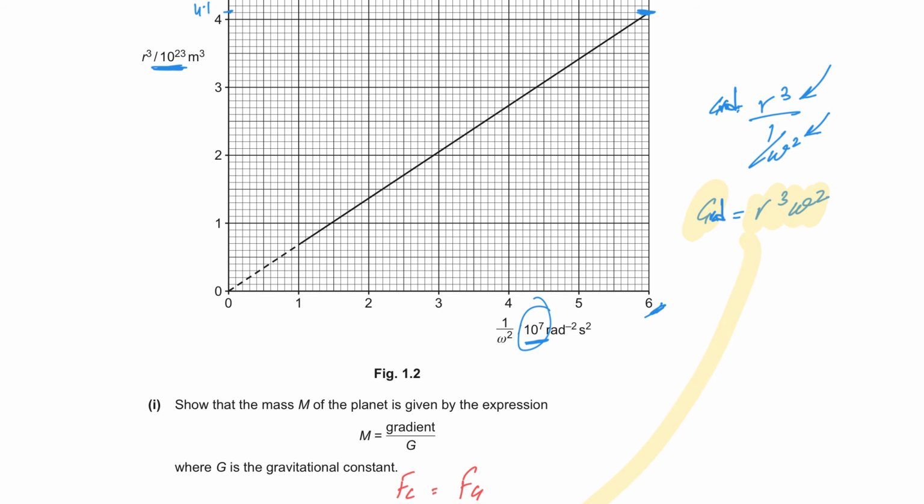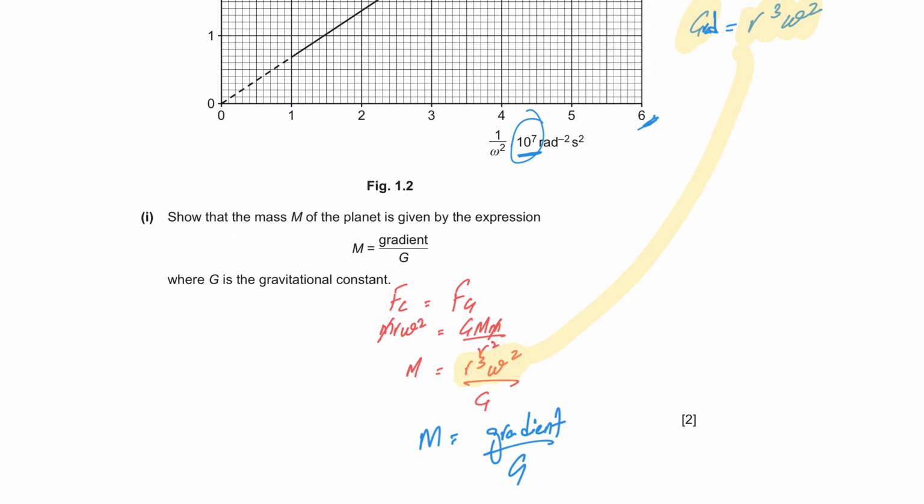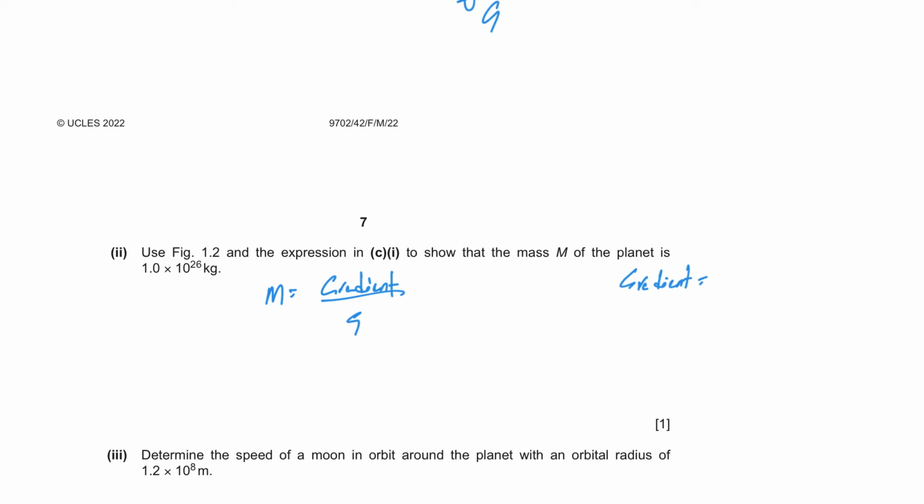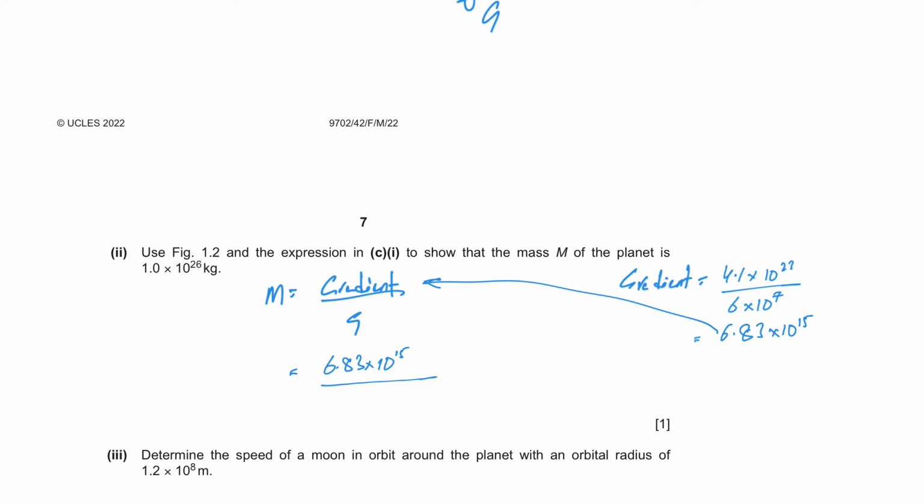So 4.1 into 10 to the power 23 upon 6 into 10 to the power 7, that is the gradient, which is equal to 6.83 into 10 raised to the power 15. Let's substitute this here. Divide this by the gravitational constant, which is 6.67 into 10 raised to the power minus 11.